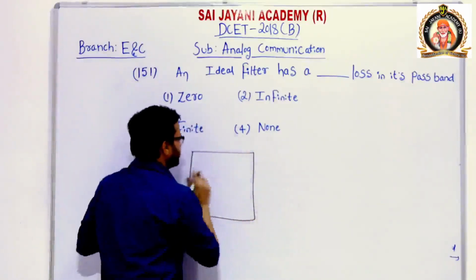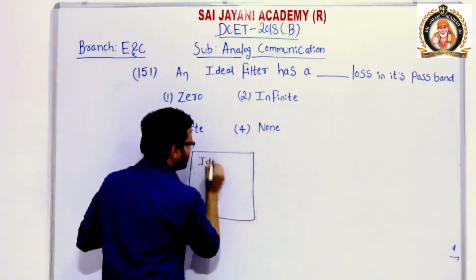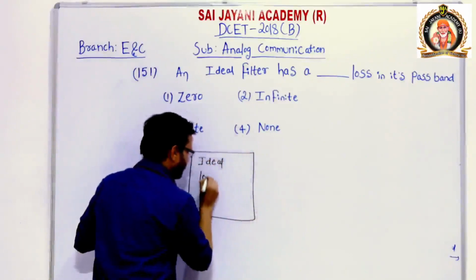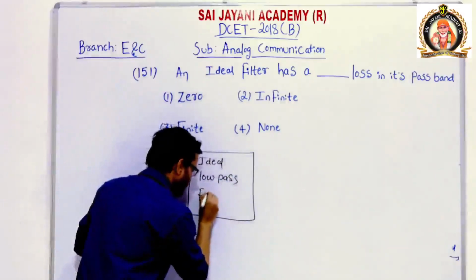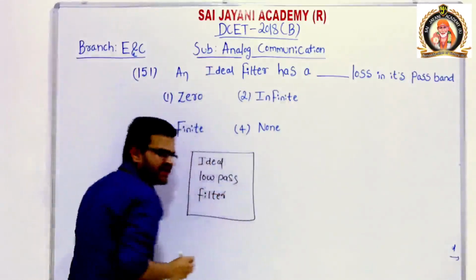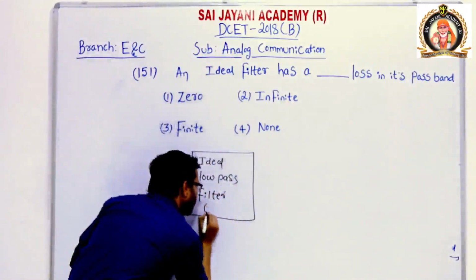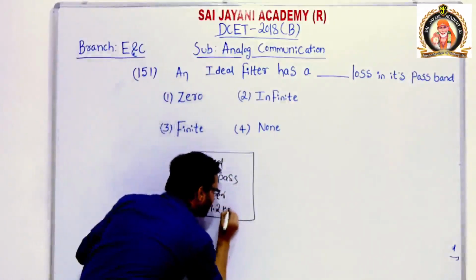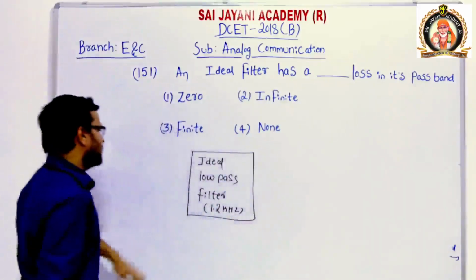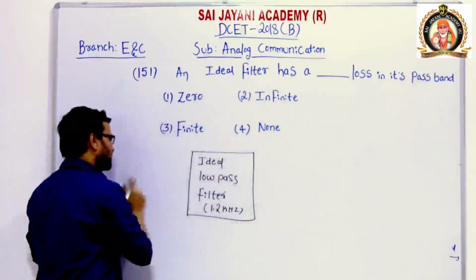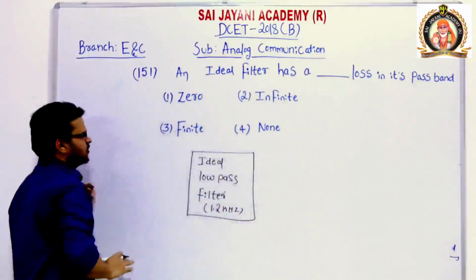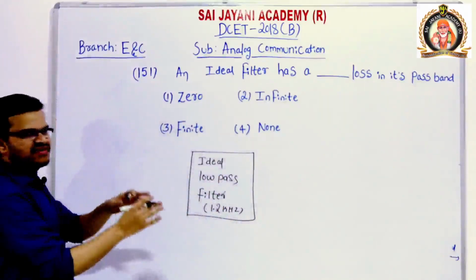Consider this is your ideal low pass filter. It has a cutoff frequency of 1.2 kilohertz. If we give a signal to this ideal low pass filter, consider you are giving 3 frequency signals.